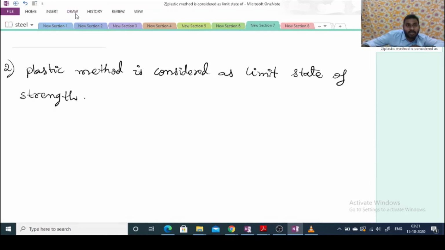Now what is meant by this limit state of strength? That is the important point of discussion here.